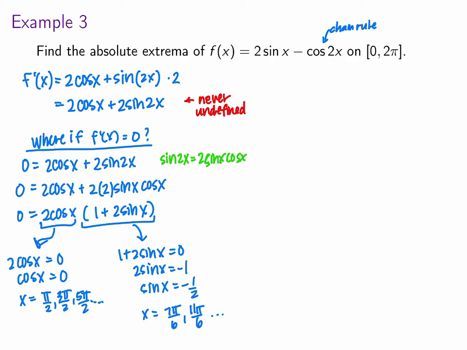But I know from the beginning it told me to only look from 0 to 2 pi. So I know I'm okay with just 7 pi over 6 and 11 pi over 6. All right, so let's make our list of our critical points. From down here, x equals pi over 2, 3 pi over 2, 5 pi over 2, keep going. I don't have to worry about any of these except for pi over 2 and 3 pi over 2. The rest of them are going to be larger than 2 pi and outside of my interval.